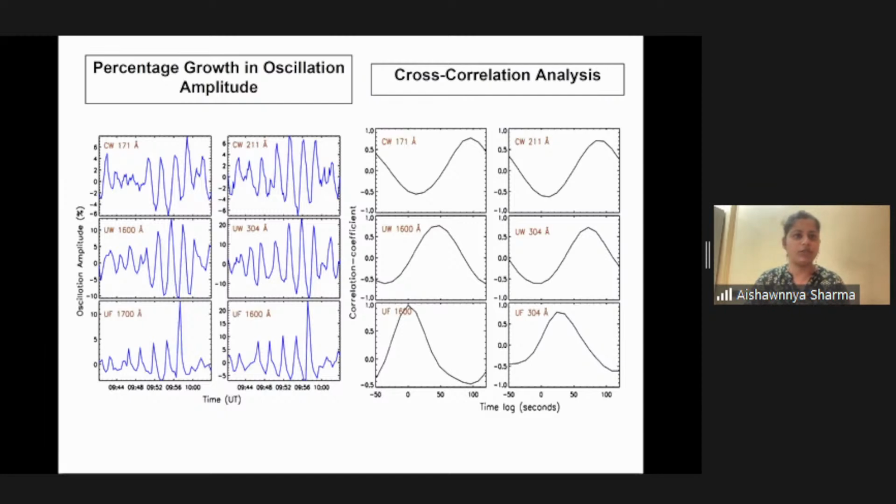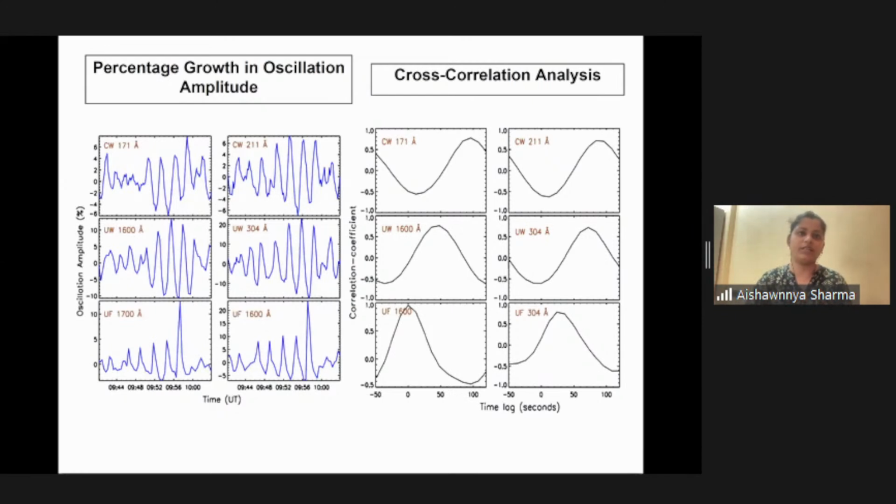So I'm going to the percentage growth in oscillation amplitude. There is a background, and on top of it there is an increase in intensity. So I have removed the background, and then I'm checking how much it has changed, how much percentage-wise is the growth.